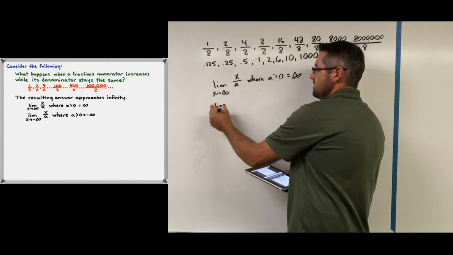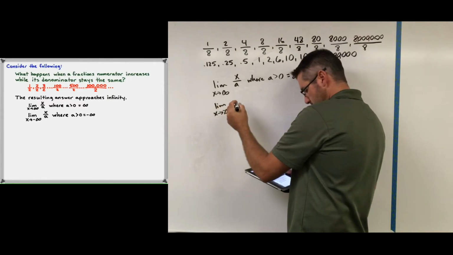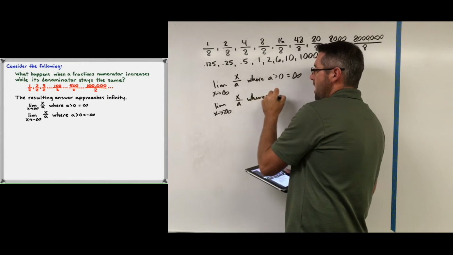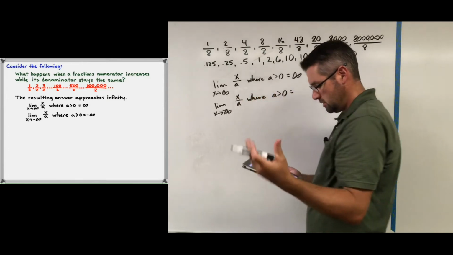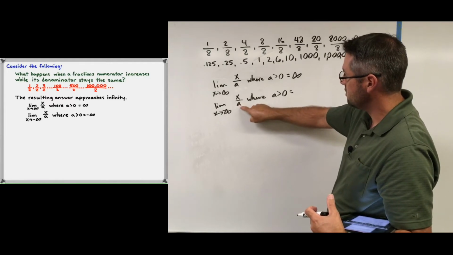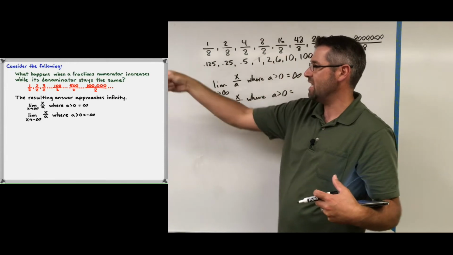Whereas the limit as x approaches negative infinity of x over a, where a is greater than 0: keep in mind we now have a constant value that's still positive, but now x approaches negative infinity.